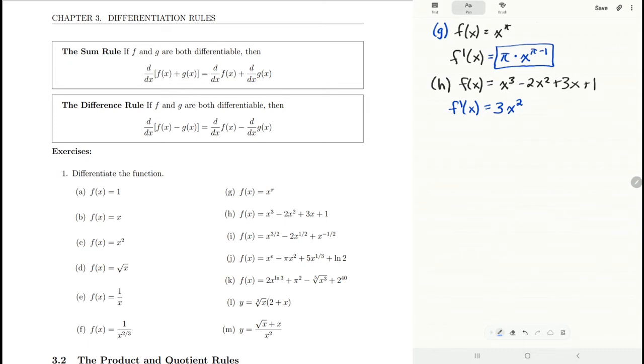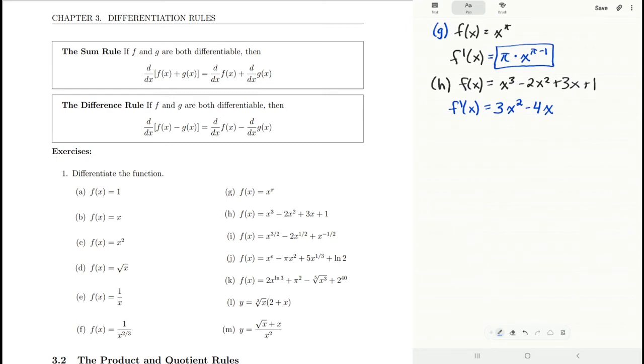Now we have minus 2x squared. So again, we will apply the power rule. We will multiply the power of 2 in front. So that's negative 2 times 2, which gives us negative 4. And then we subtract 1 from the exponent. So 2 minus 1 is 1. And so we're left with a power of 1. So we have negative 4x. Then we have plus 3x.